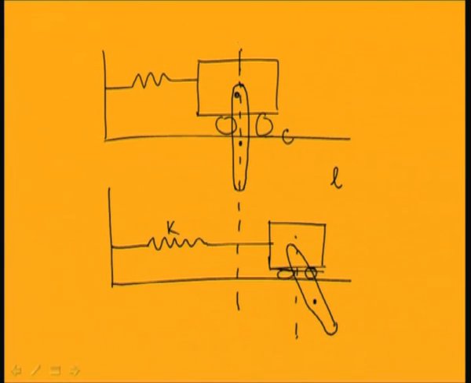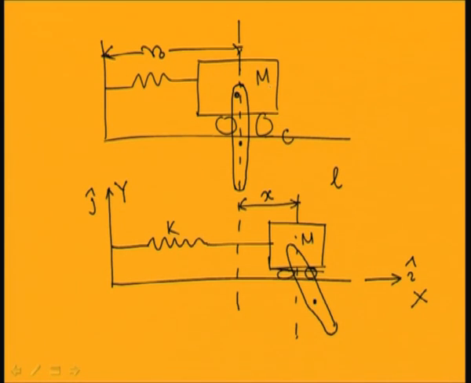If I take this undeformed position as r0, I can take this displacement as x. I can take a coordinate system: this direction is x with unit vector i, and this is the y direction with unit vector j. The position vector of this mass m, r1, can be written as r0 plus x i.